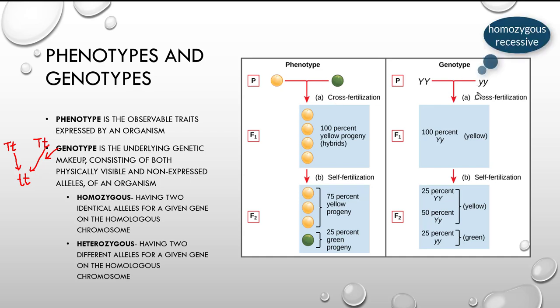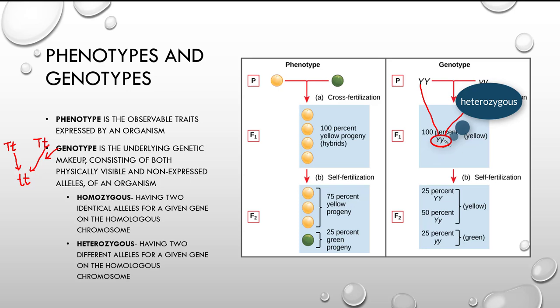If we hybridize them, cross-fertilization takes place. One of the big Y's ends up in the offspring, the other little y ends up in the offspring, and so here is the genotype of the F1 generation.